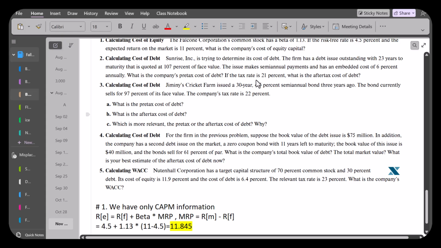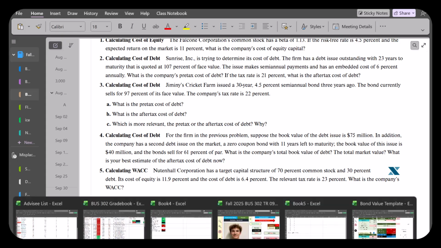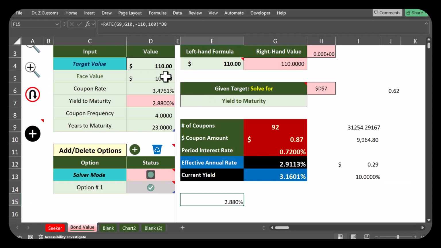Well, using my bond template, I'm already in solver mode with the right unknown. 107 is that. Coupon rate is 6. Semi-annual.